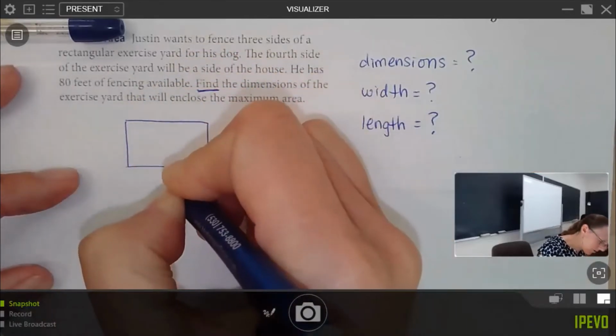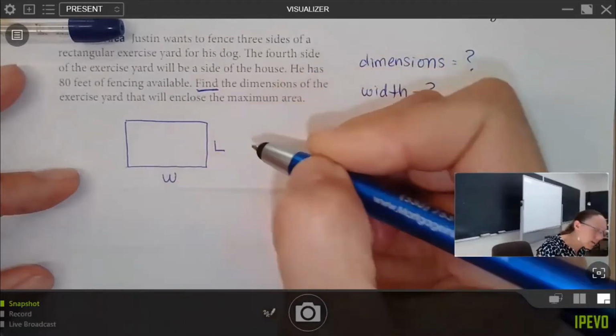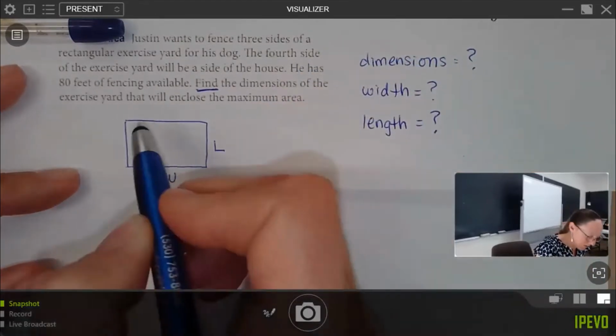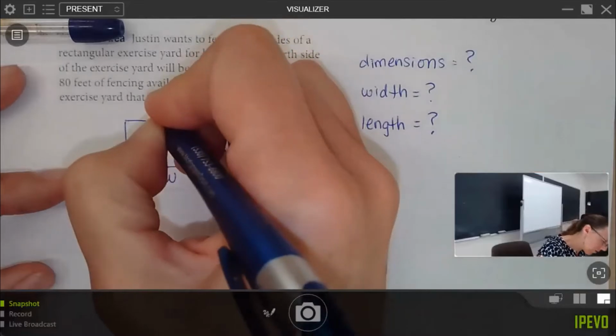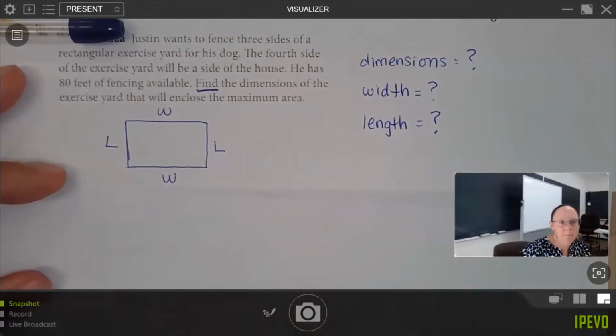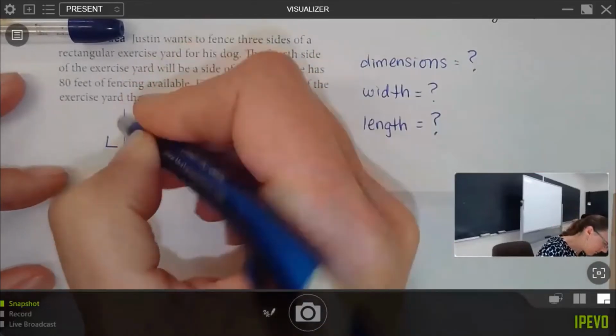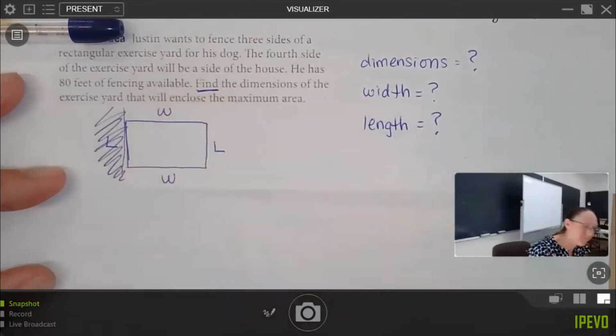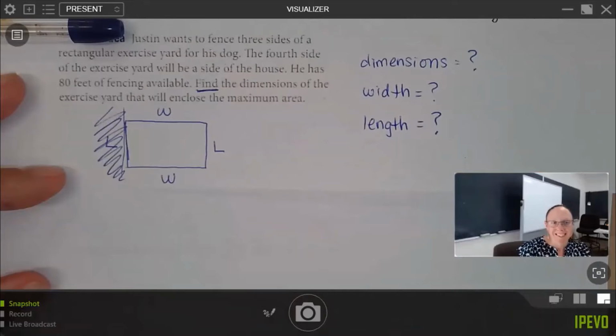And I'm going to call this the width and the length, which means since it's a rectangle, this side is also the width and this side is also the length. But the 4th side will be the side of a house. Okay, so there's like house over here. He has 80 feet of fencing available.